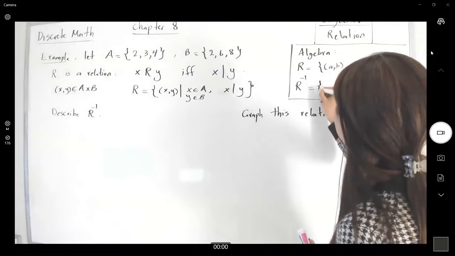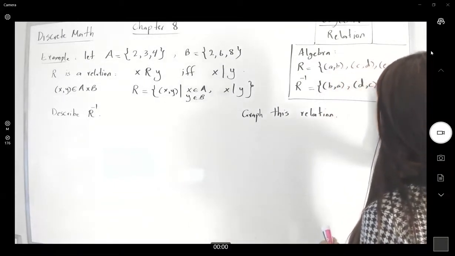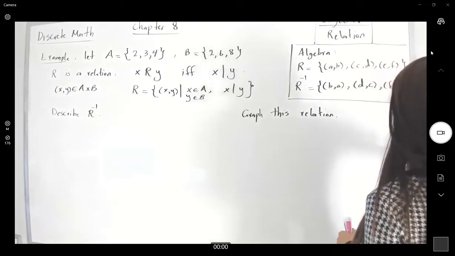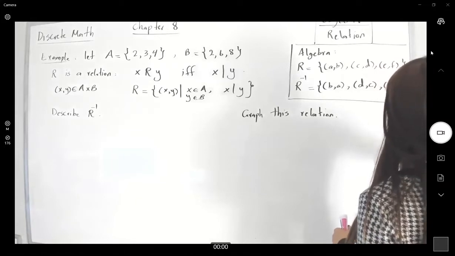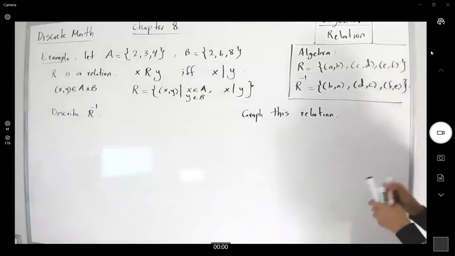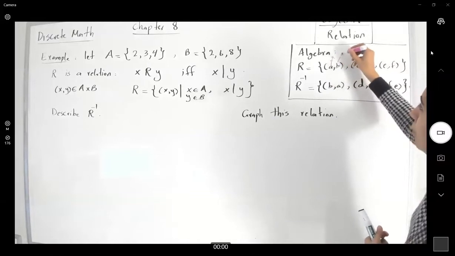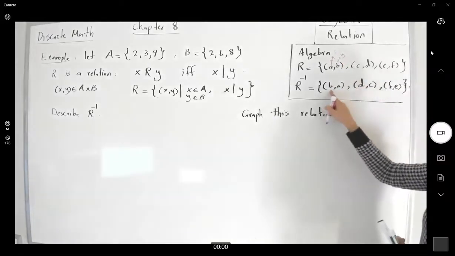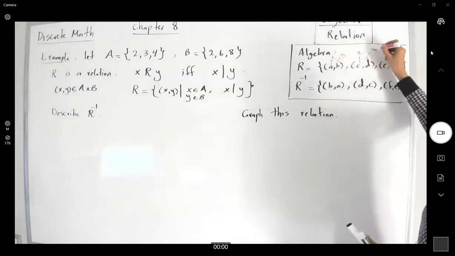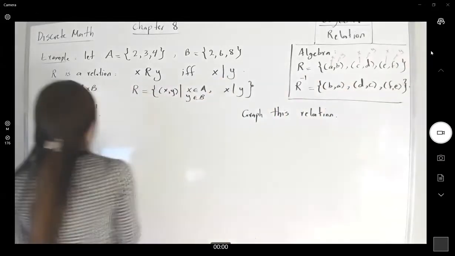So it's going to be equal to BA, DC, FE. That's how we define the inverse of a relation, by switching X and Y's. In AB, A is your X, B is your Y. Now B is your X, Y is A, and you continue this process. You're flipping X and Y's.